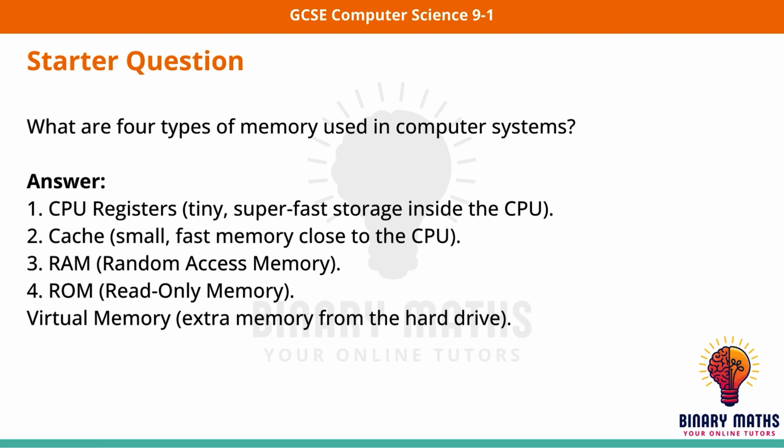Next is cache, a small, speedy memory that helps the CPU. Then we have RAM and ROM, the two we'll focus on today. And bonus, virtual memory, which we'll explain later. If you've ever wondered why your computer struggles with 50 Chrome tabs, RAM is the culprit.